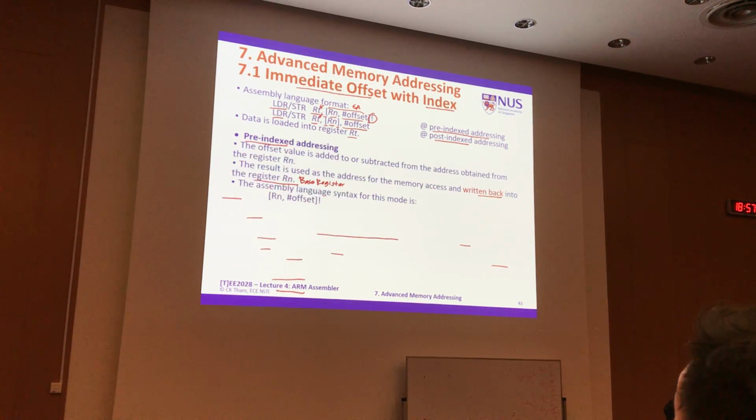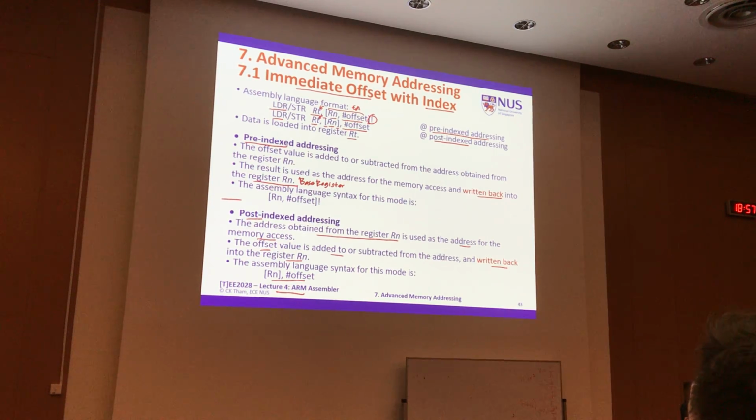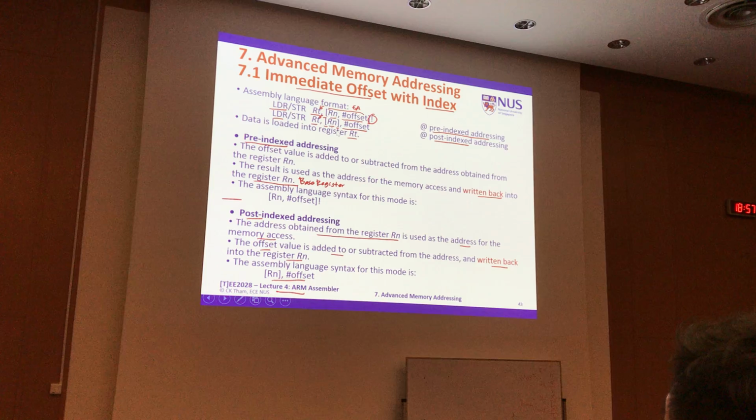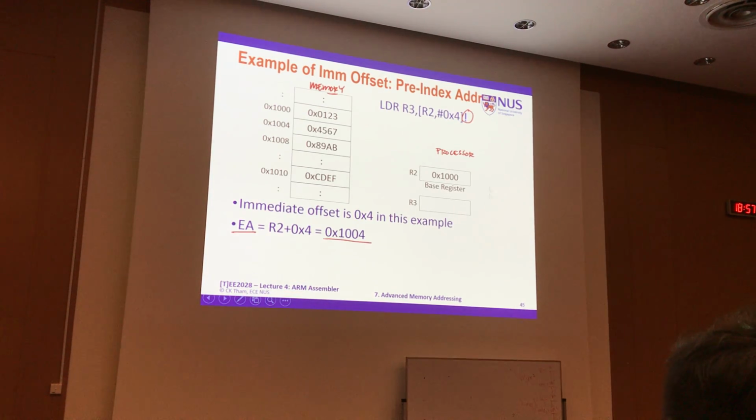The last part here, the pre-index, post-index, right? The exclamation mark, and the close bracket with the offset outside. So maybe look at the example directly. You still have your base register, and actually it's very similar to the original offset addressing.